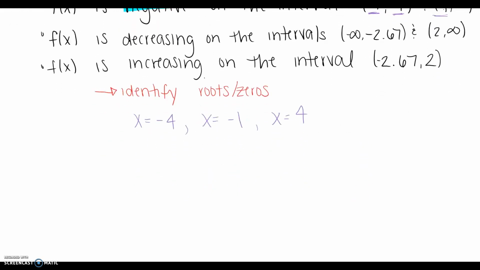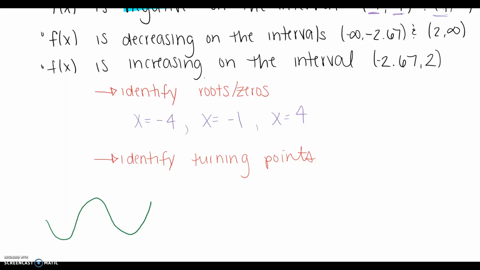Now we can identify our turning points. Well, a turning point is going to happen when it changes direction, right? So when it's decreasing, the point it's decreasing at will be a turning point, and then when it switches to increasing, it's going to show us another turning point.